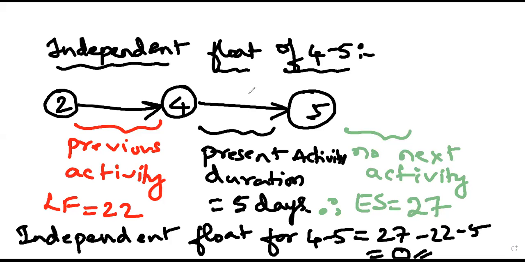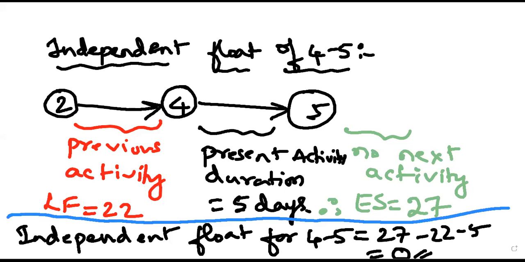Those of you who have already completed writing this problem, I think this problem is complete. The only question asked was that we were supposed to determine the independent float for all these activities. So all the activities are over, is it right? Yes, sir.